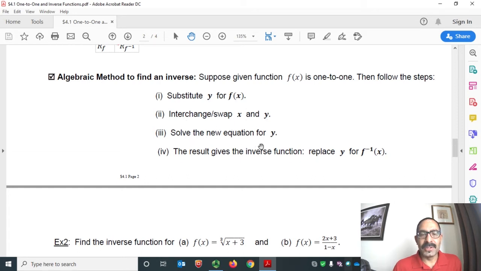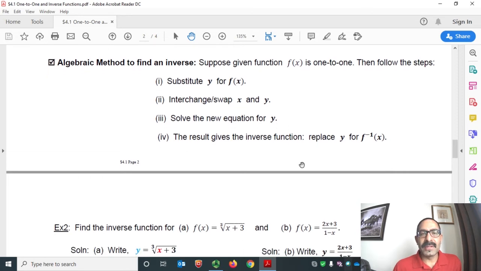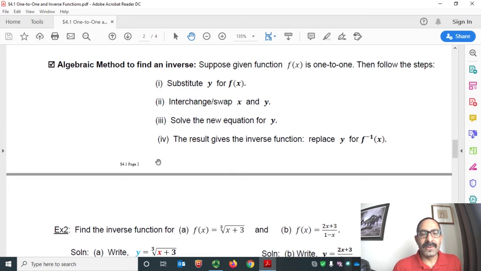Third, solve the new equation for y. Fourth, the result gives the inverse function; just replace y by f inverse of x. Then we're done. Now let's follow these 4 steps to find the inverse of one-to-one functions.